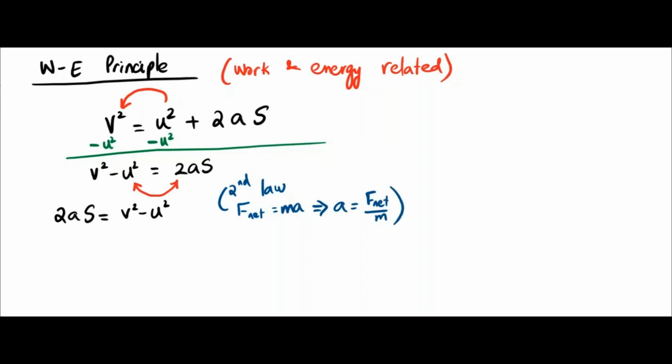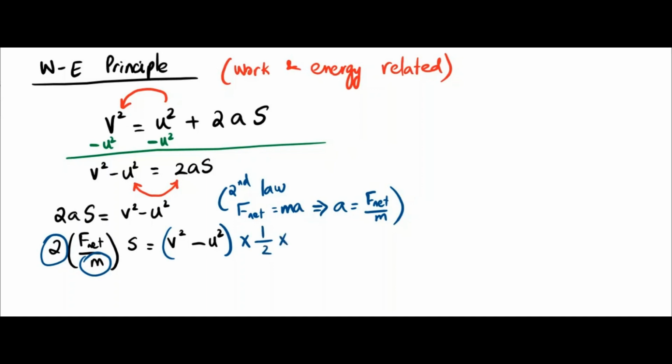We've already seen this relationship, so I'm going to replace the a with F net over m, the mass, and again move around some variables and change the form of this equation. What I'm going to do is move the 2 and the m to the other side of the equation. So basically I have to do the opposite of multiplying by 2, by dividing it on the other side, and the divided m will be multiplied on the other side.